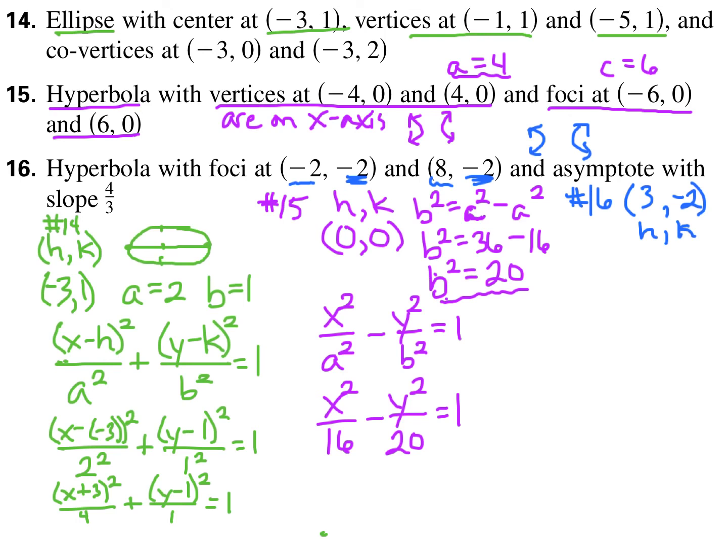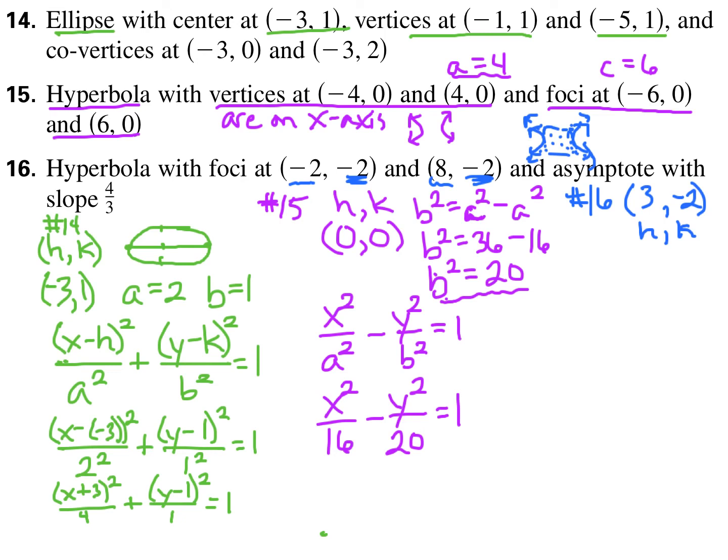And it says that my asymptote has a slope of 4 over 3. Well, that means that my box, my rectangle that defines the asymptotes, must have those asymptotes with a slope of 4 over 3, which means that they go up 4 units from the center and 3 to the right as well.